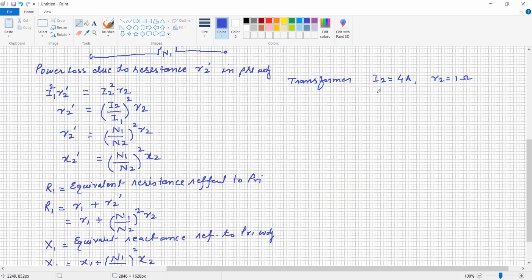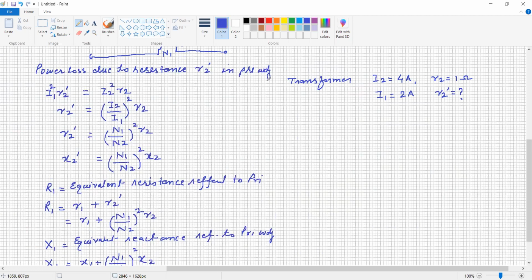Whereas primary current I1 is equal to say 2 ampere. Okay, and we want to find the resistance R2 dash. What would be the value of R2 dash in such a way that it will give the same power loss.